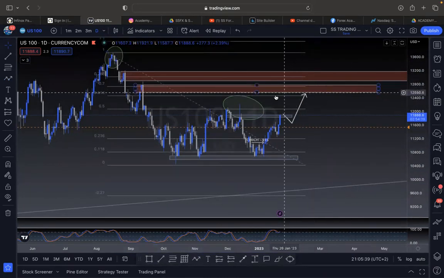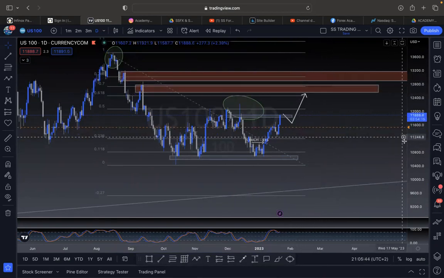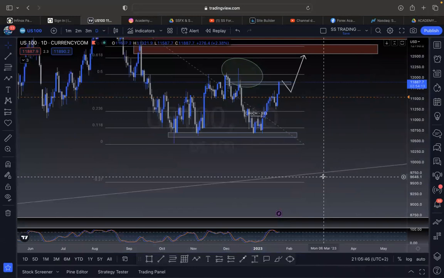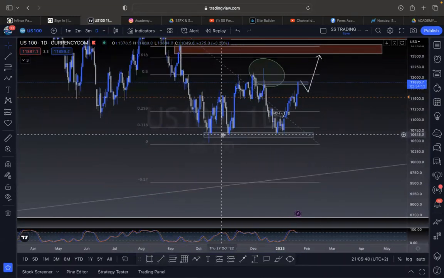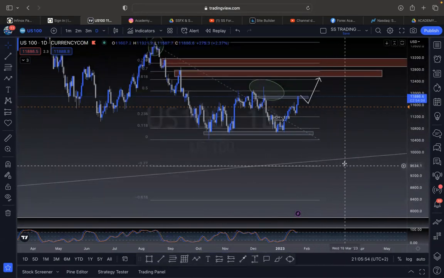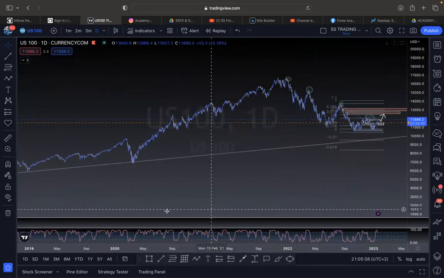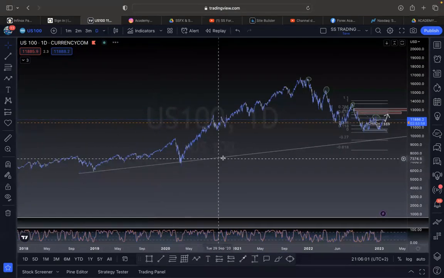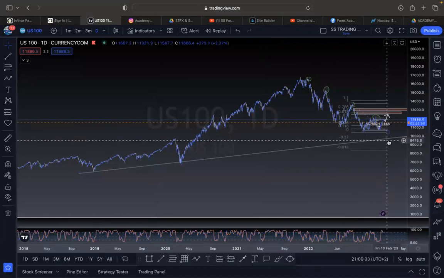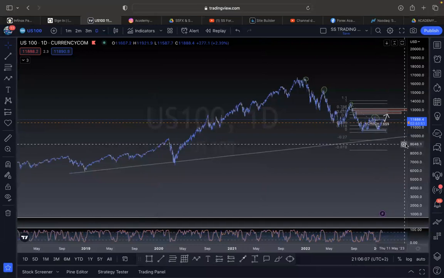If we react off the 61.8 or the 78.6 level, which is these two supply zones up here, then your overall target would be not only these lows down here, but the minus 27 level, which is in line with our weekly trend line down here. You see that?